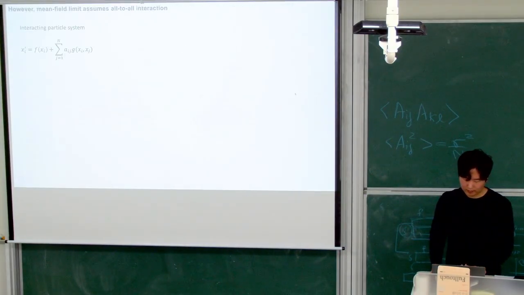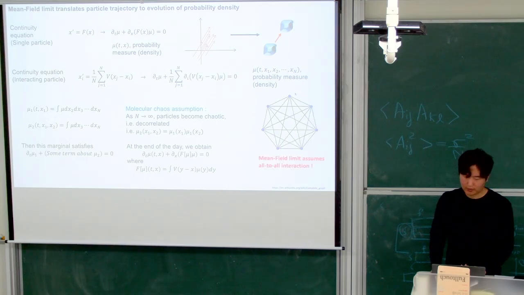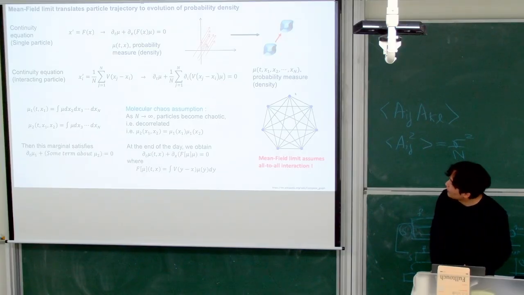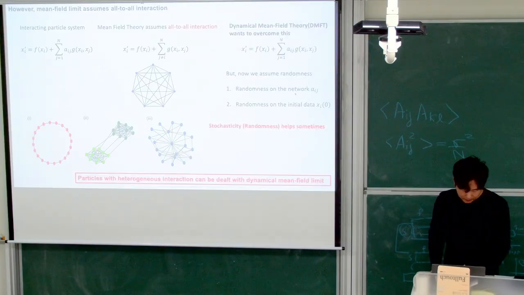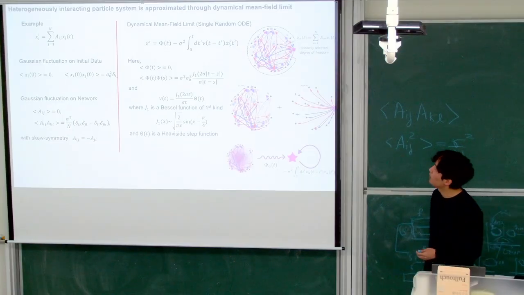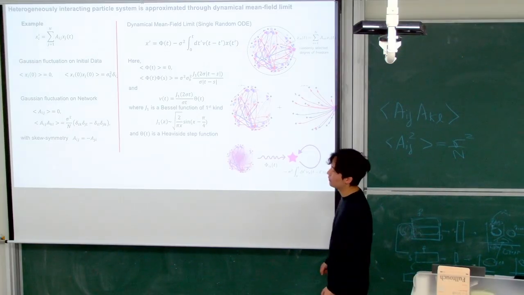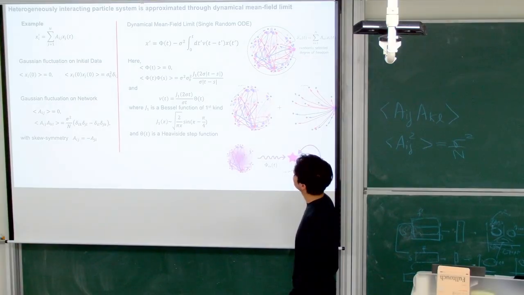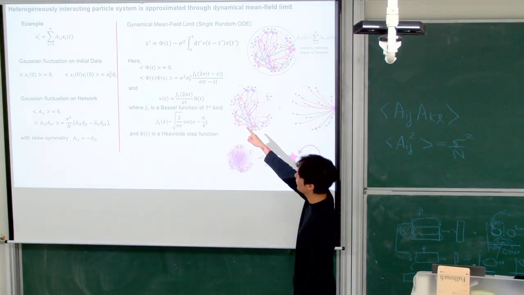The variable was distribution. Yes. But for the heterogeneous case, this was a variable. Wait a minute. Page 12. Here. So, what is the variable for this dynamical mean field? You mean x? Yes.